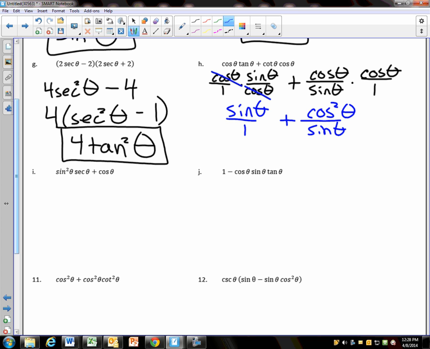It's nice to come up with a squared, because something might simplify. We might be able to insert some type of formula. Well, these are two fractions. I could take a shot at combining them together. In order to add two fractions, I have to have common denominators, so I multiply top and bottom by sine.